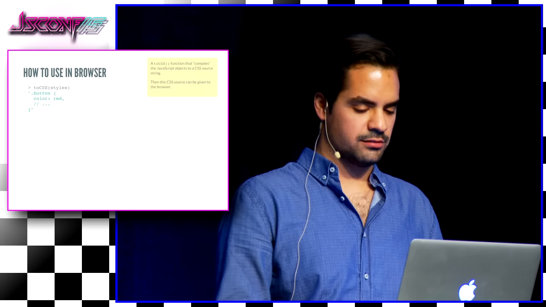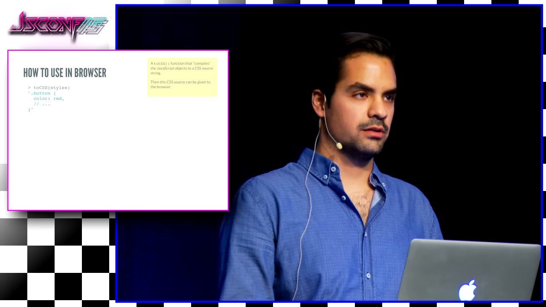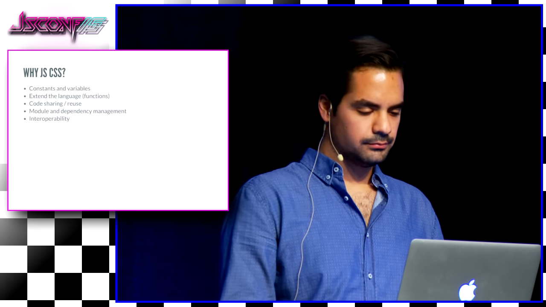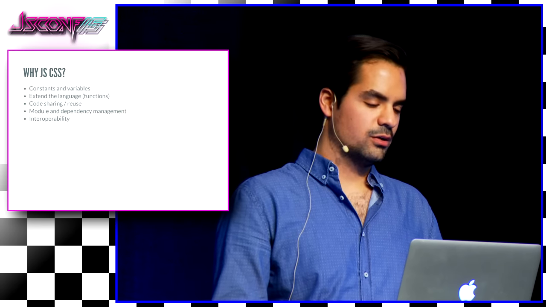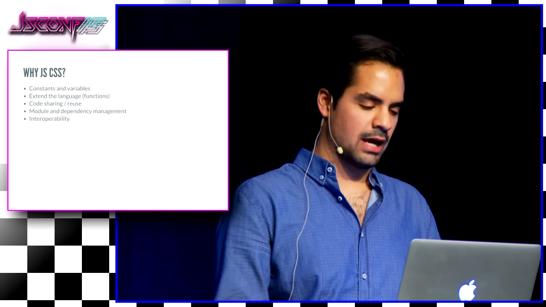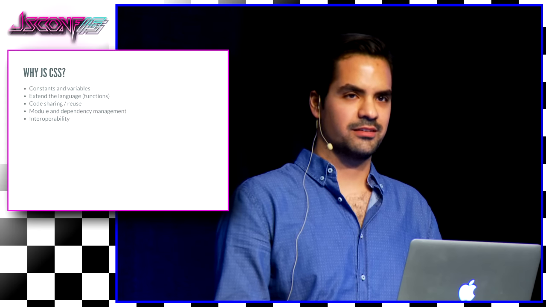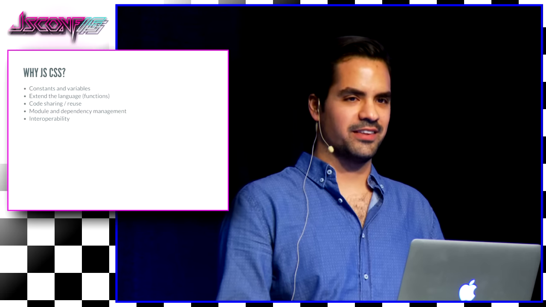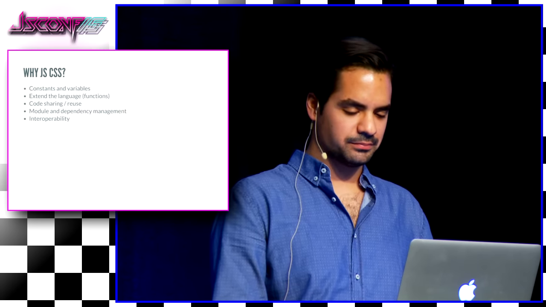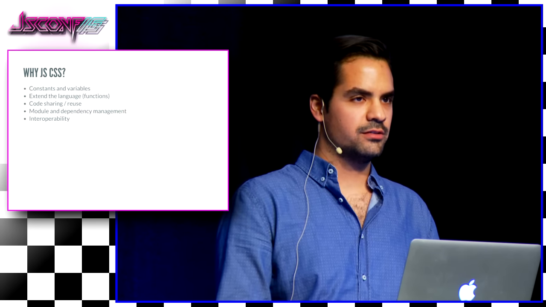Now we can take the CSS source string and let the browser use it. So yes, we can express CSS using JavaScript, and we can use that to actually style elements in the browser. Awesome, JavaScript for everything. But why would we want to do this? Are there any actual advantages?